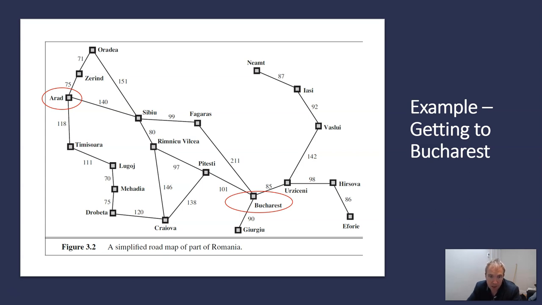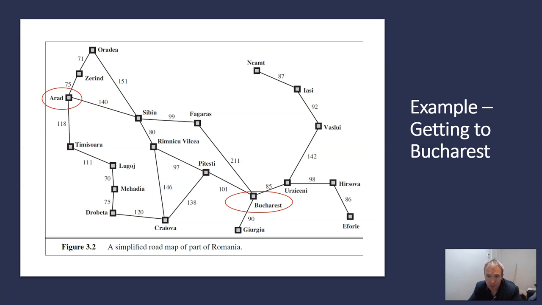And our goal in this instance is that we have a ticket for a flight that leaves Bucharest on a subsequent day. So what that means is that we have to get to Bucharest within a day.